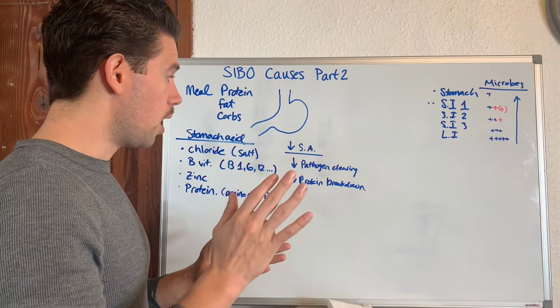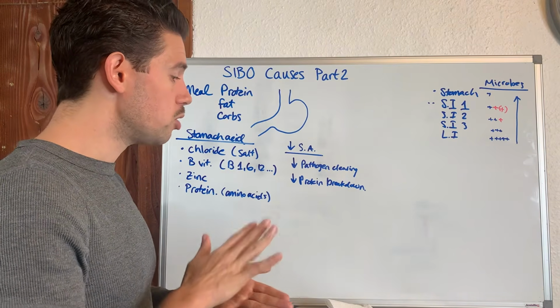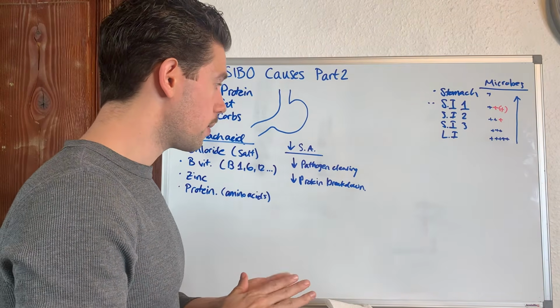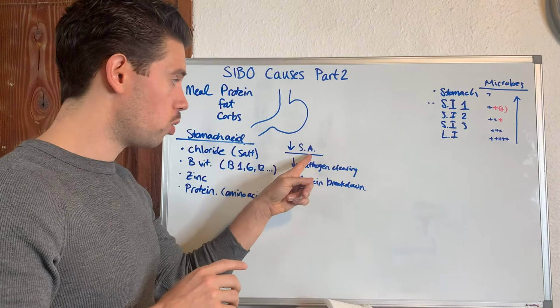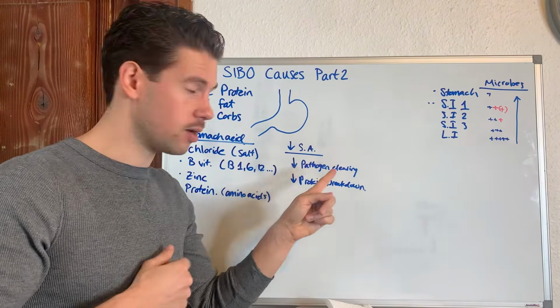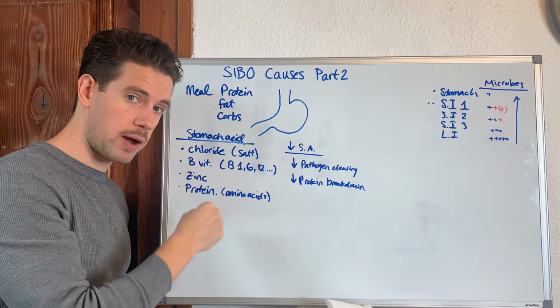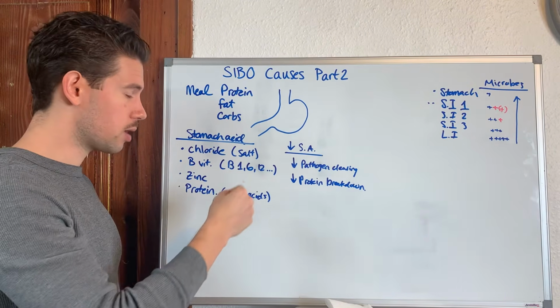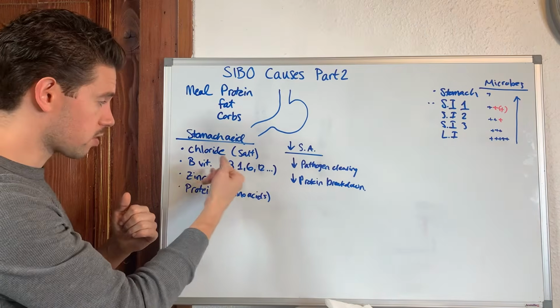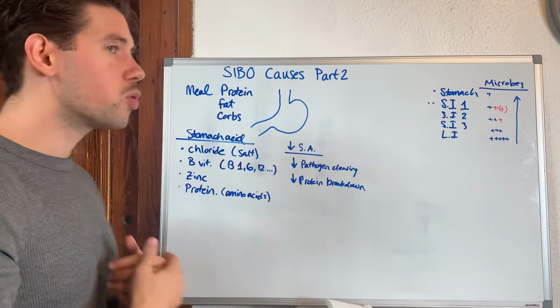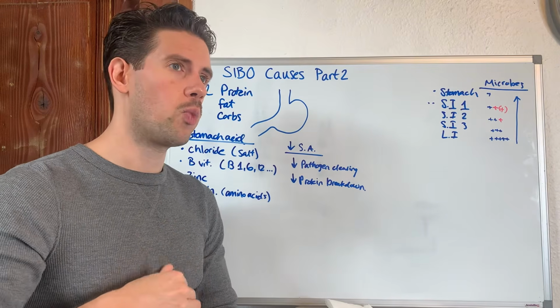And so what can we do to address low amounts of stomach acid? We can eat more salt. We can make sure that we have sufficient amounts of salt during our meals. Next, B vitamins. You can check on my website.